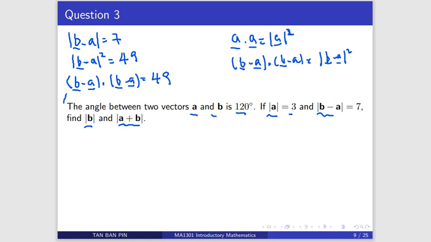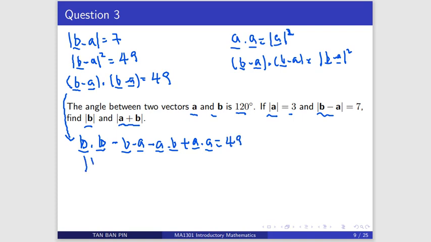After that, you can just expand this out. It will be B dot B minus B dot A minus A dot B, plus A dot A, equals 49.